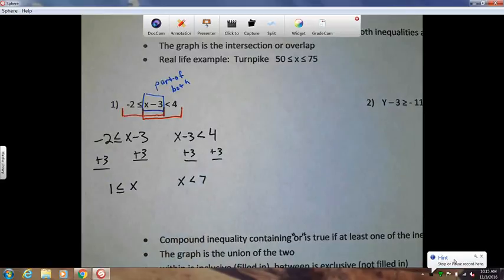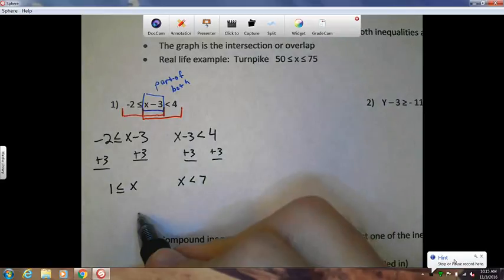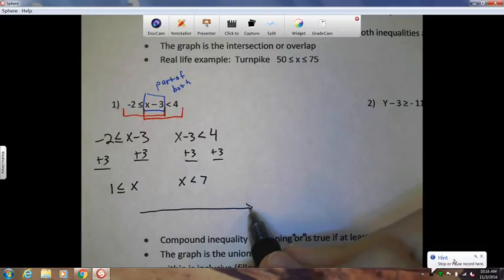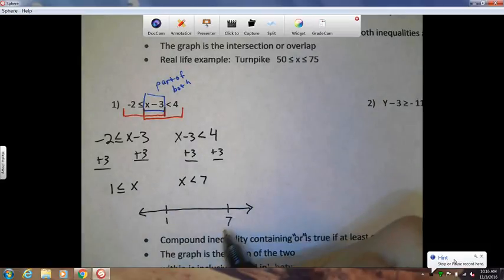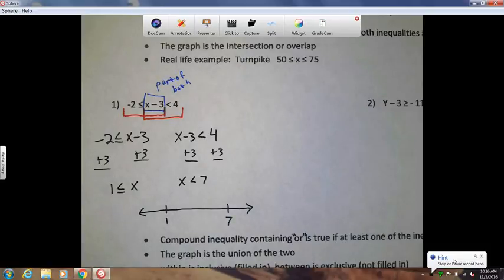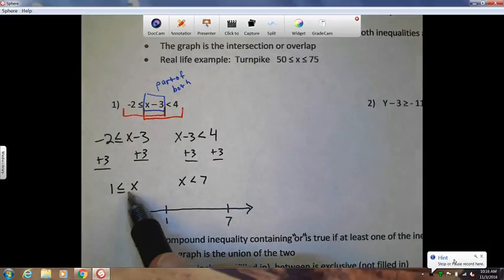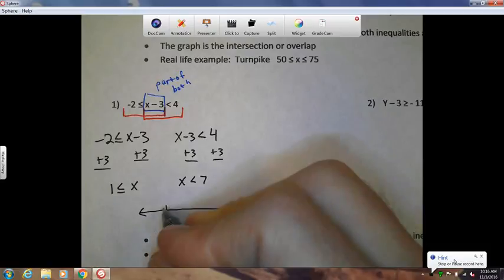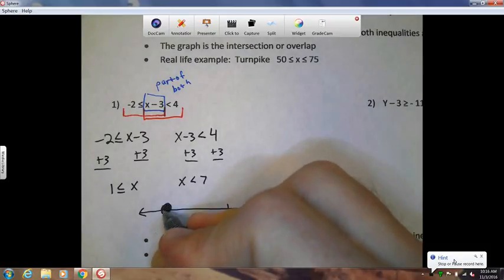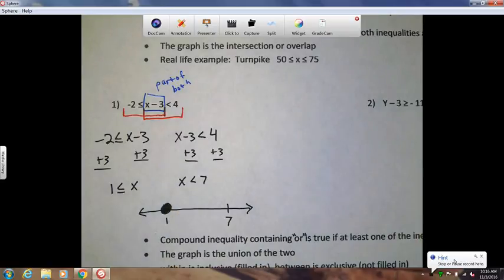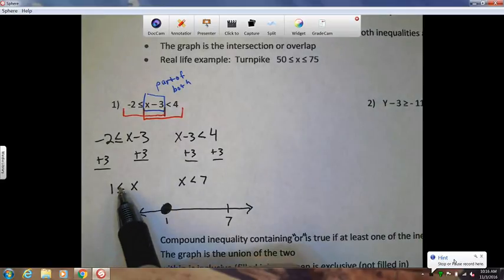Now I'm going to graph. So you're going to graph each of these individually. So I'm looking at this one, and here's 1. It could be equal to, so I fill it in. It's pointing at the number, so I'm going to go to the right.